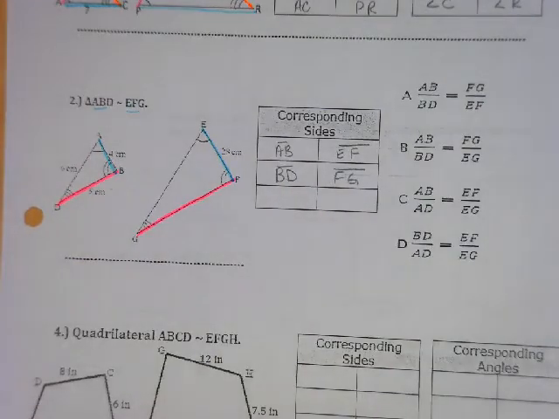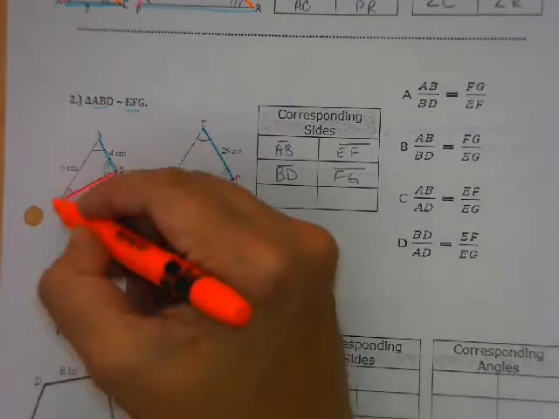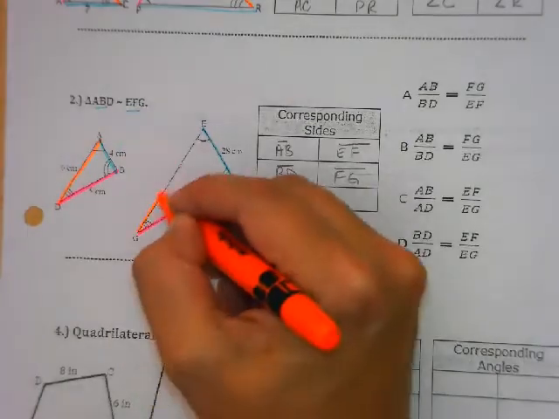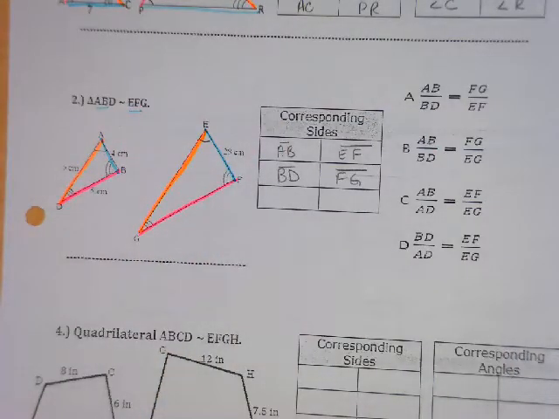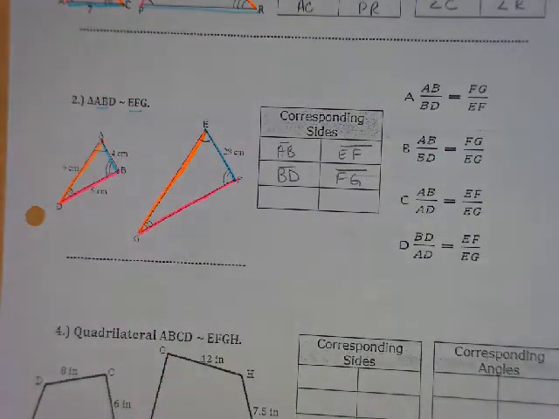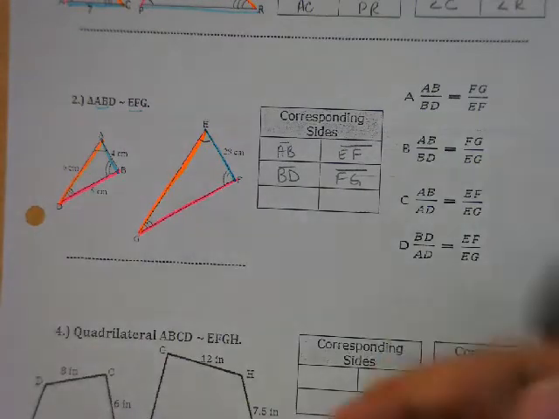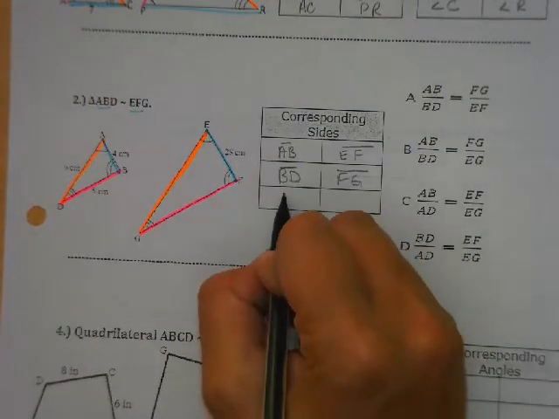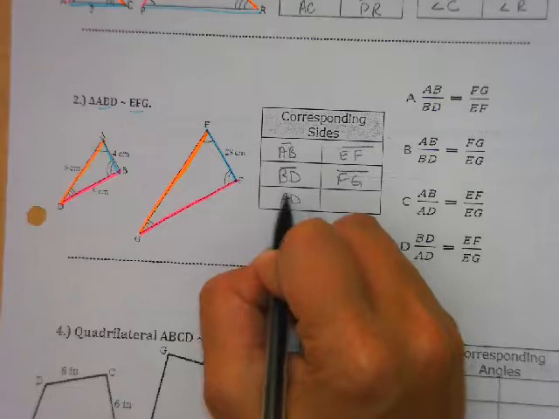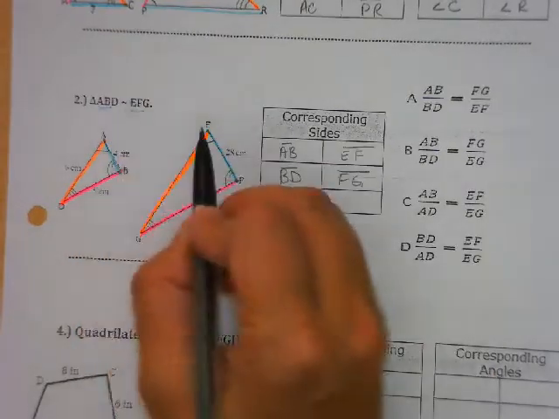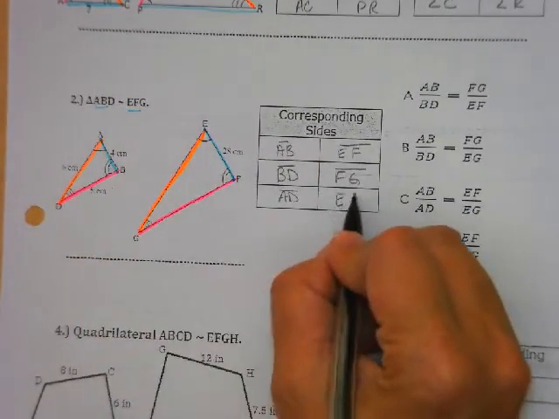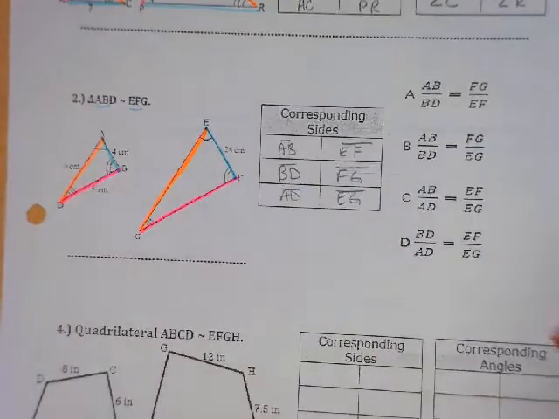And remember, same shape, same angles, they are just different sizes. When we talk about sizes, we'll talk about those a little later on with a scale factor. I'll give you a little preview of that. So we have AD, which is the first and the last, and EG, which is the first and the last.